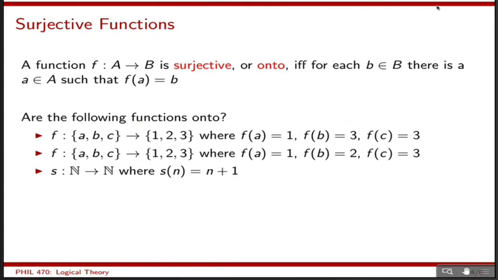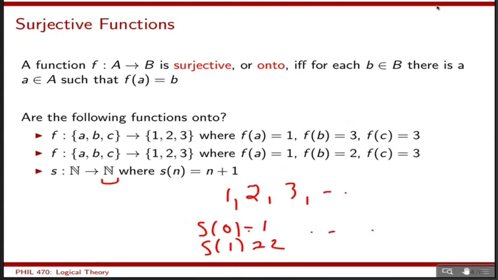So what about a more concrete example, the successor function? Is the successor function onto? Well, at first you might think that the answer is yes, so you run through some examples. You see 1, 2, 3, and so on. Those all have preimages: s of 0 is equal to 1, s of 1 is equal to 2, and so on.